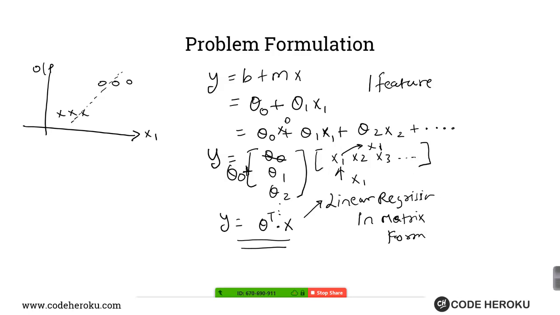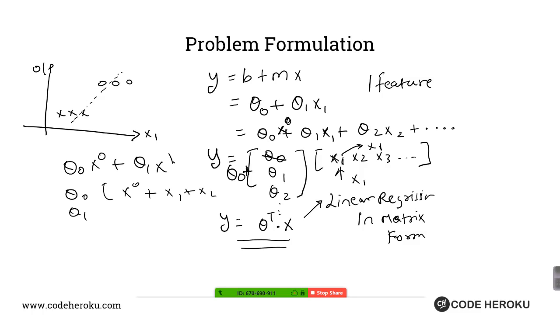If I have a vector x which always starts with a one, I can also write this as, instead of saying theta 0, theta 0 x raised to 0 plus theta 1 x raised to 1 and so on, and then say theta 0, theta 1 and so on, multiplied with x raised to 0, x1, x2 and so on.